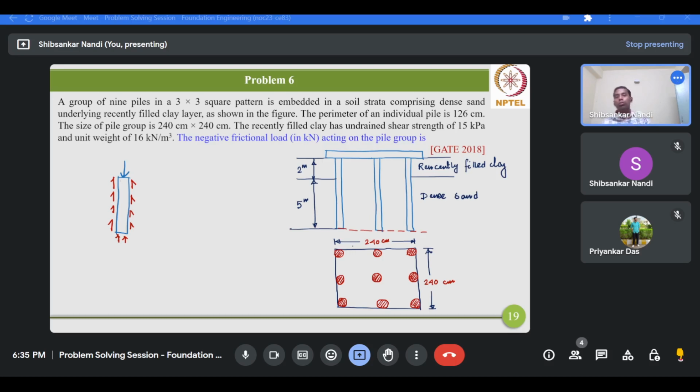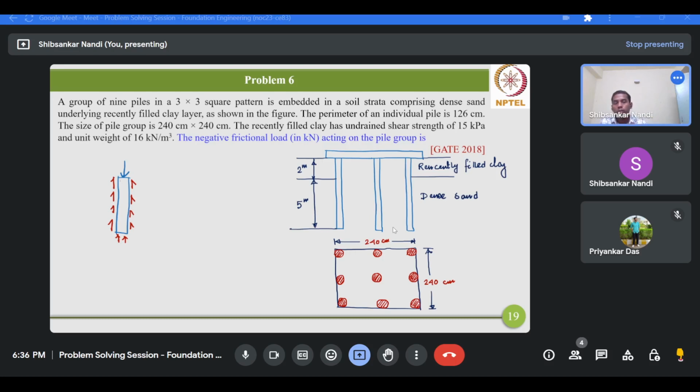That's why this is called negative frictional load acting on the pile. Why it becomes negative, we have just explained: for recently filled clay, when the pile groups are constructed and subjected to some externally applied vertical load, the recently filled clay will try to settle, will try to consolidate, and as a consequence the movement of the adjacent soil mass relative to the pile will be in the downward direction.